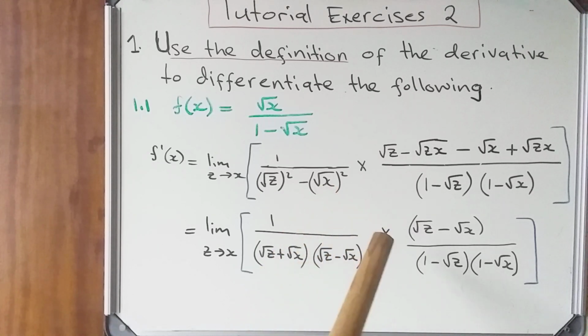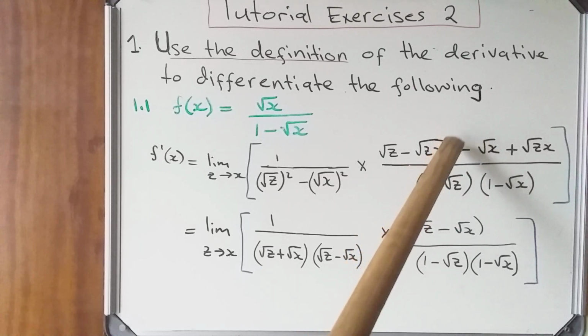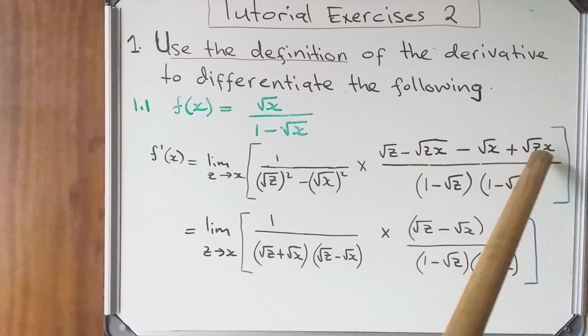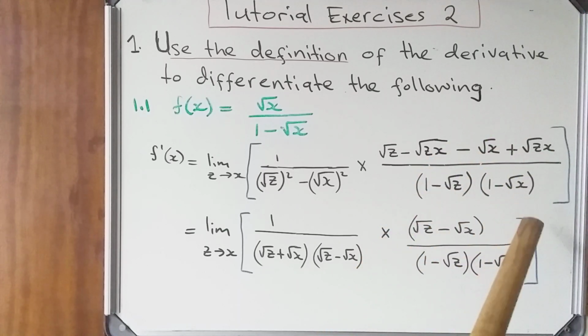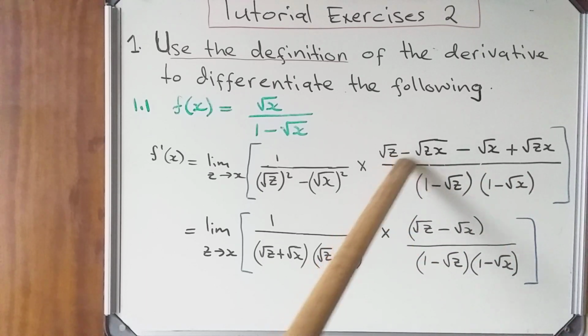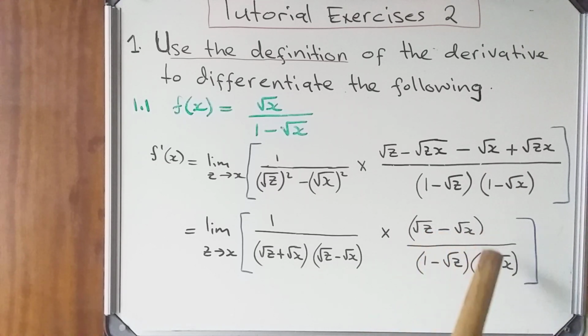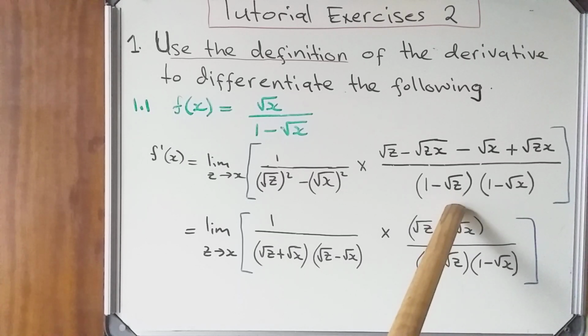Then you can see minus square root of zx plus square root of zx gives 0, so I'm only left with square root of z minus square root of x, divided by the denominator.